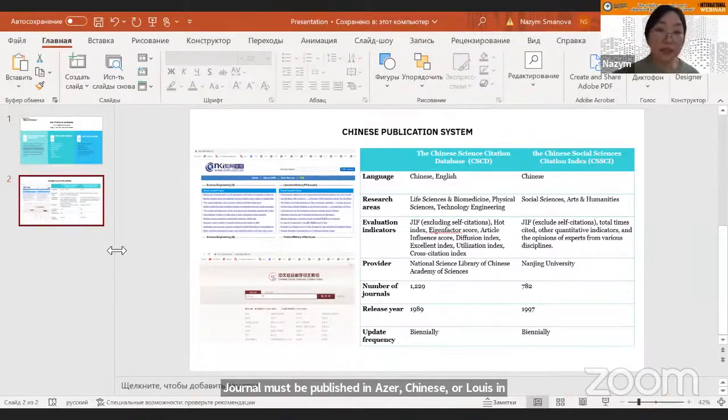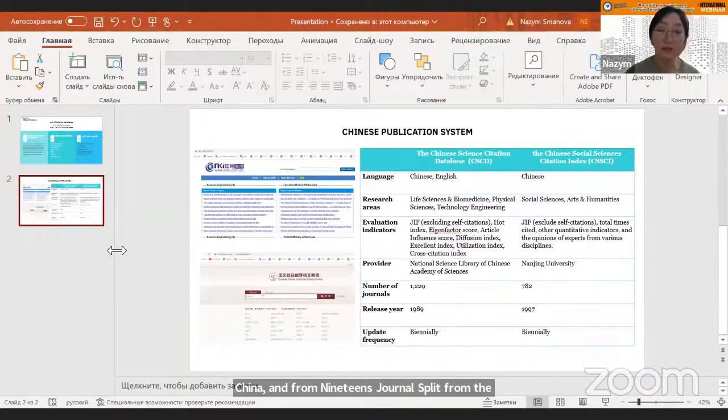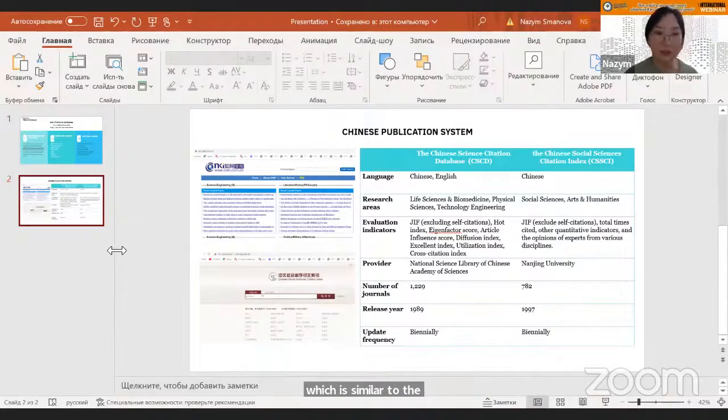And from the 1990s, the methods and theories of journal evaluation spread from the natural sciences to the social sciences, and therefore in 2000, two Chinese databases, similar to the Social Science Citation Index, were created.